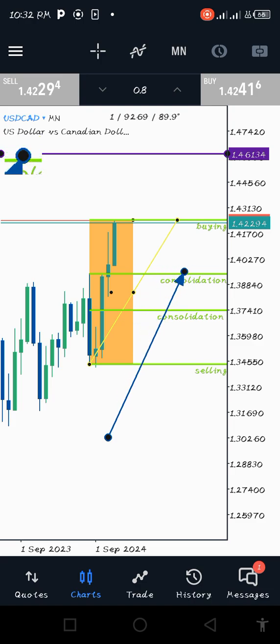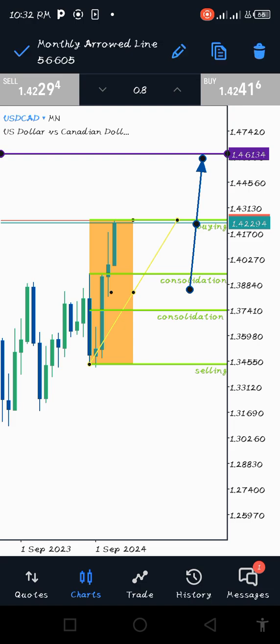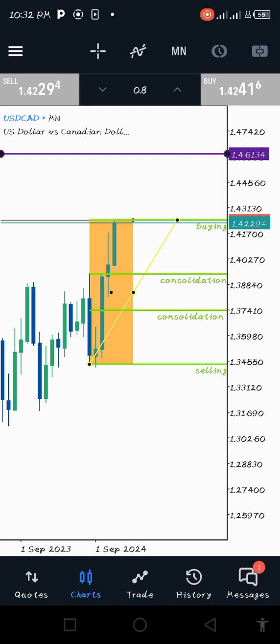But now price is in between this line of consolidation and buying, telling us what? That we are looking much more at buying opportunities into this line. Simple and clear.